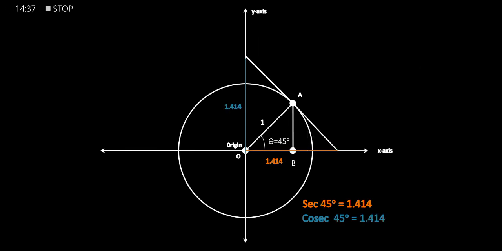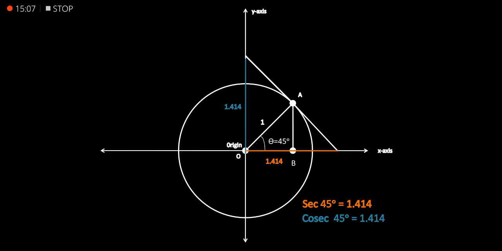And in this figure, the length of the orange line is equal to 1.414 and the length of the sea green line is also equal to 1.414. The angle is equal to 45 degree here. Orange line is the representative line of secant of angle. So secant of 45 degree is equal to the length of the orange line, which is 1.414.